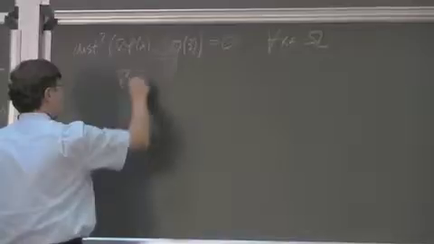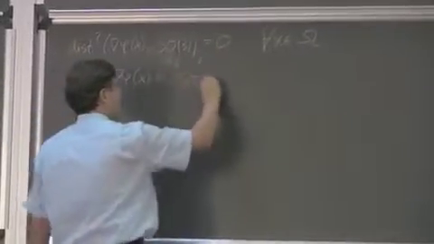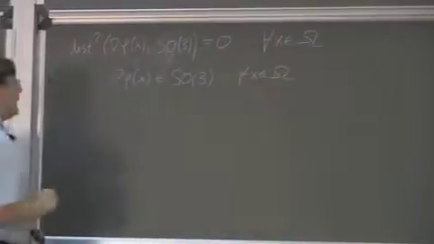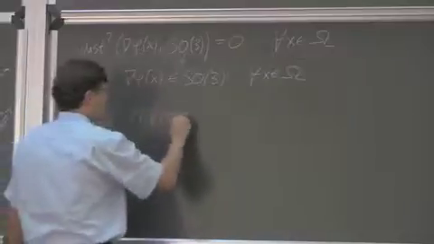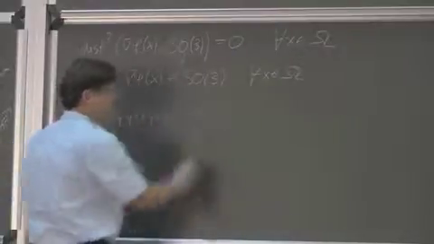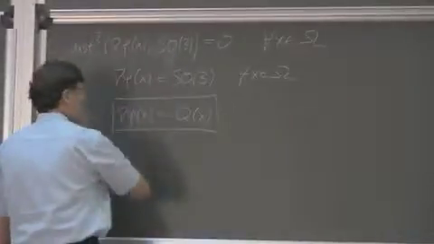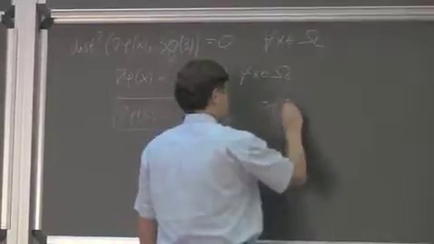So if you have this, you see that the gradient phi of x is a member of SO3 for all x in omega, which means the gradient phi of x is a rotation q of x. You could again have in each space point another rotation. This is a partial differential system of first order.